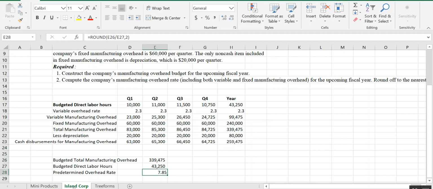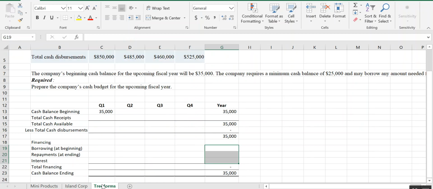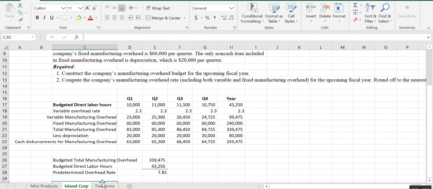We're going to take the budgeted total manufacturing overhead of $339,475 and divide it by the budgeted direct labor hours of 43,250. We get a predetermined overhead rate of $7.85. Okay, that was an overhead budget.